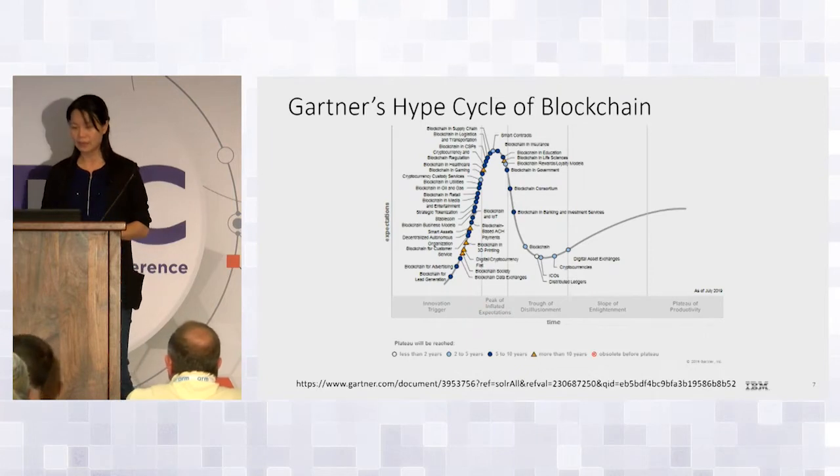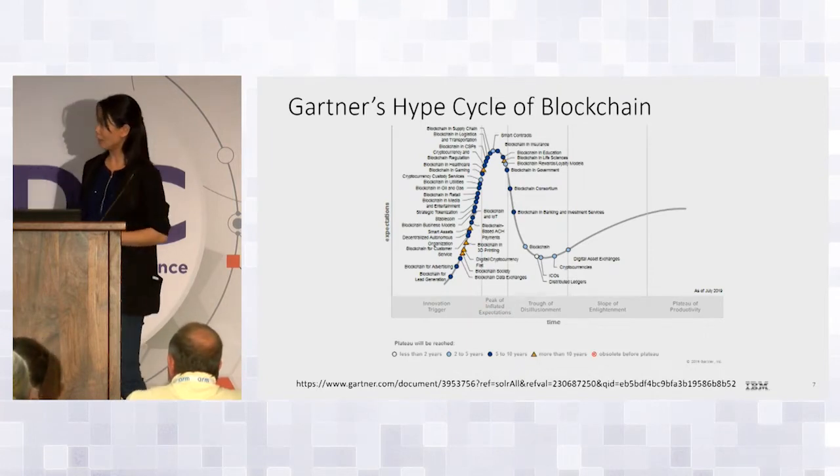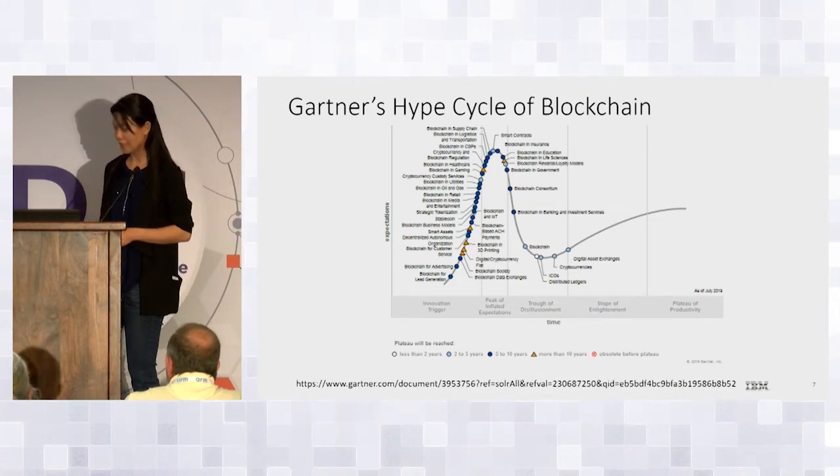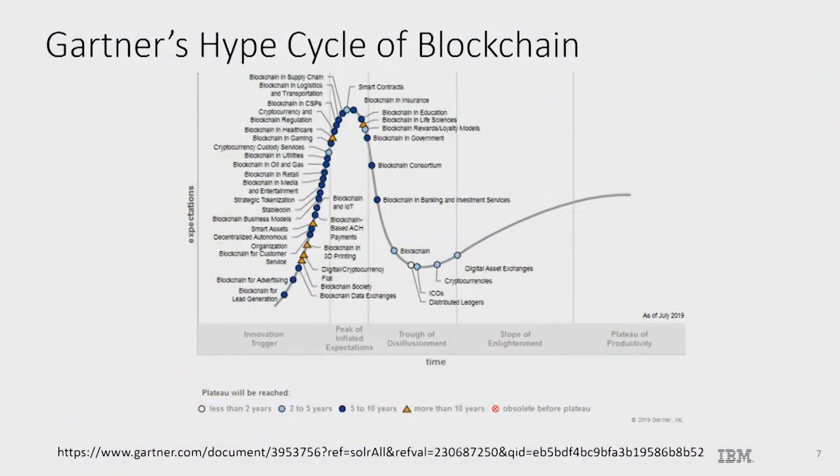And for blockchain and supply chain, right, we are actually at the peak of inflated expectation. If you keep track of the media and press releases, there are already a lot of POCs that started with a lot of promise. It has already disappeared. There's no more follow-up on that.